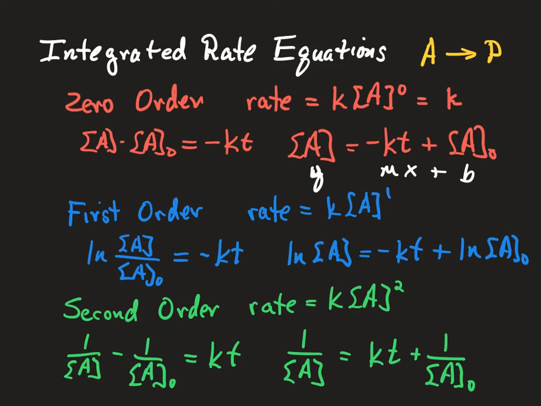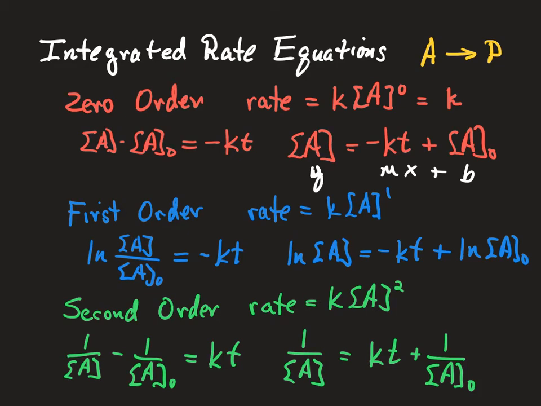And so we can tell, if we have a set of data that all look similar just by observation, but if we plot the concentration of A versus time and get a linear equation, we're zero order. If we plot the natural log of the concentration of A versus time and get a straight line, we're first order.